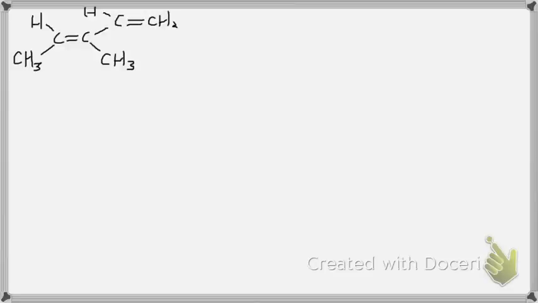It's the double bond on the left that we can have E or Z configuration. The double bond on the right, the last carbon in this chain, CH2. That carbon has 2 identical substituents.